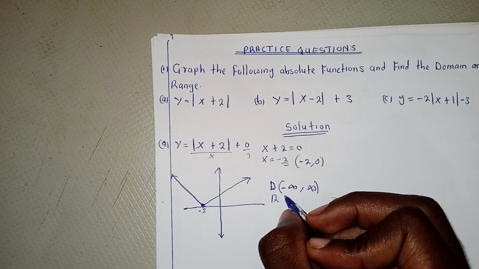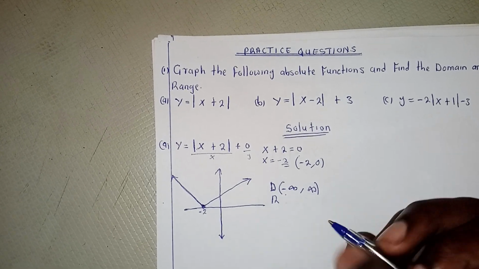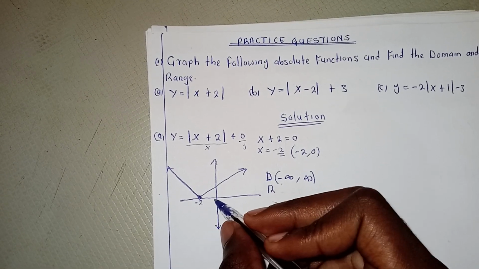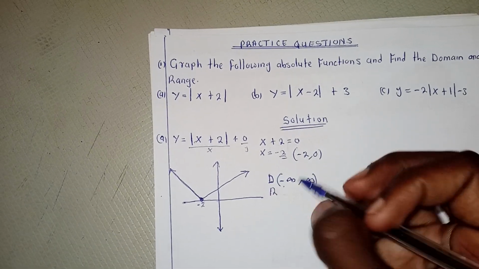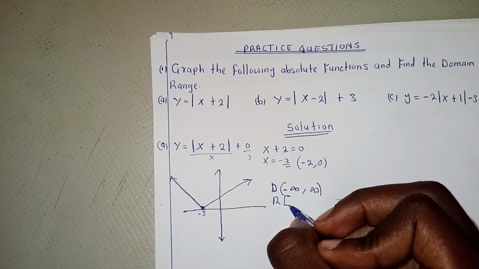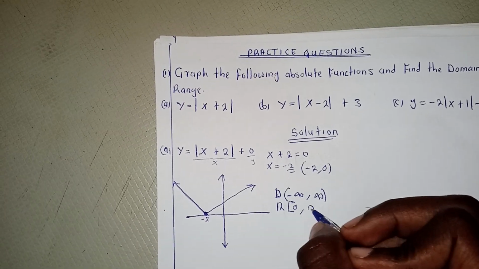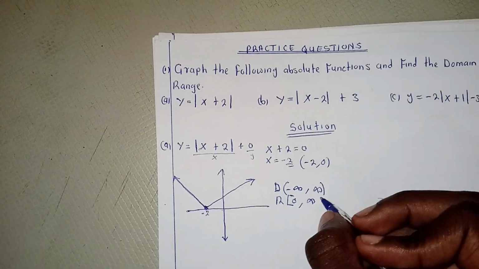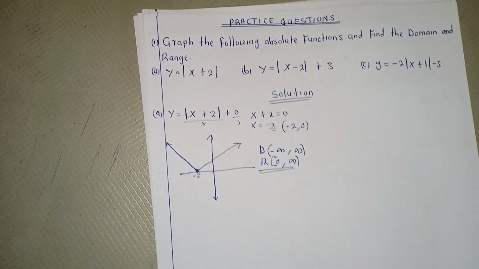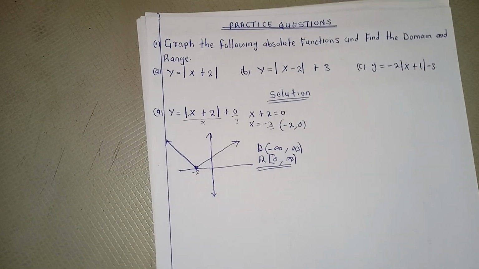For the range, since it's coming from 0 here to the positive y-axis, then automatically it's going to be 0 included, to some point positive infinity. All right, so that's just the way to go about this question.